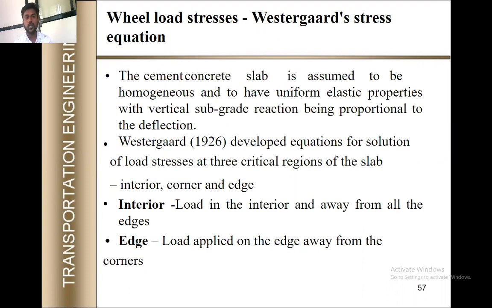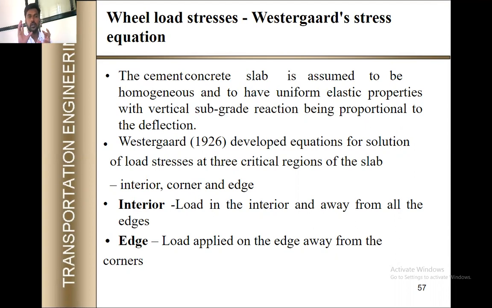Then Westergaard developed the equation for the solution of the load stress at three critical regions of the slab, that is interior, corner, and the edges. Interior load is in the interior and away from all the edges. Load applied on the edges is away from the corners.